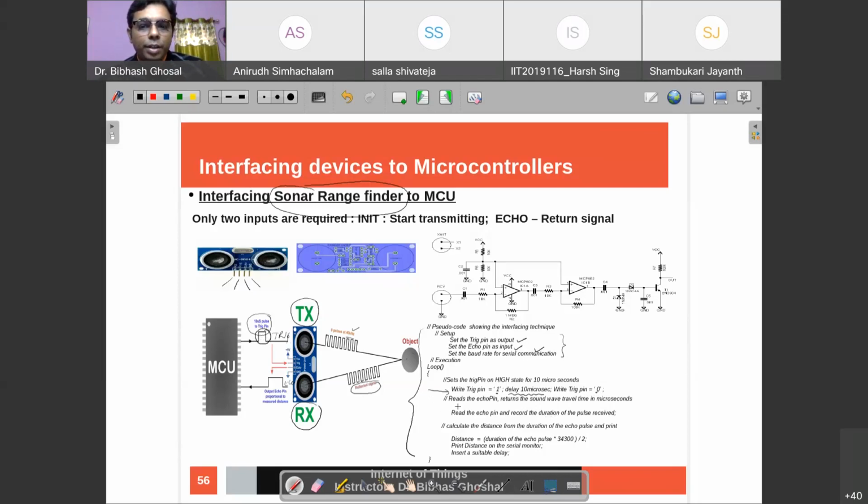Then I will read the echo pin and record the duration, because if there's an obstacle, I will receive the echo. Then I will calculate distance by using this formula, the duration times 34300 divided by 2. Print the distance on the serial monitor. I have a serial monitor on which I will print it. This is the logic.